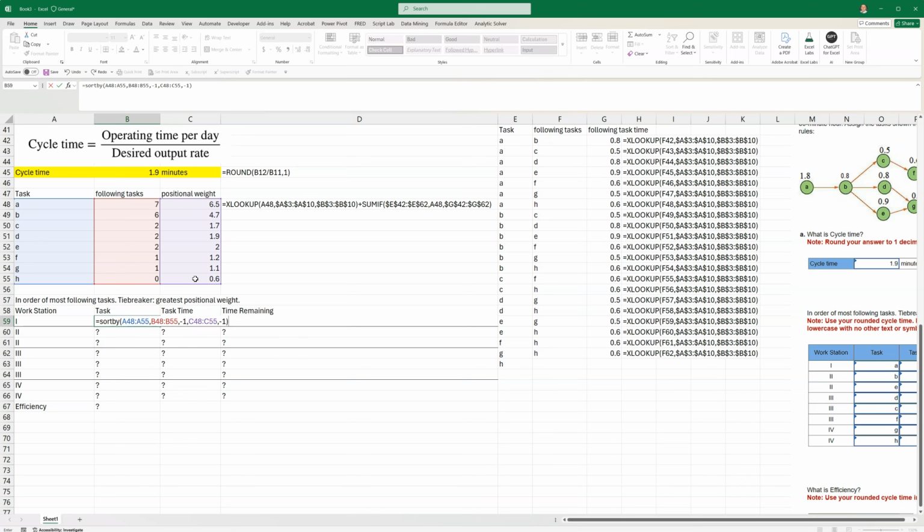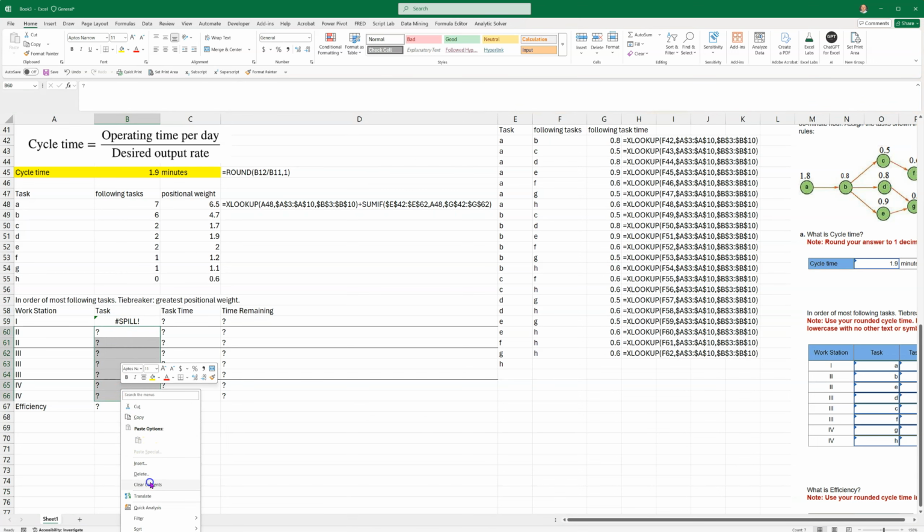And then if I hit enter, it'll do something called a spilled array. Now the reason this gives me an error is because I have stuff in here. So I'm going to highlight this and clear. It's trying to spill in here. So it did A, B, E. Yeah, there's a tie here. So it took E first because it has a higher positional weight, right?